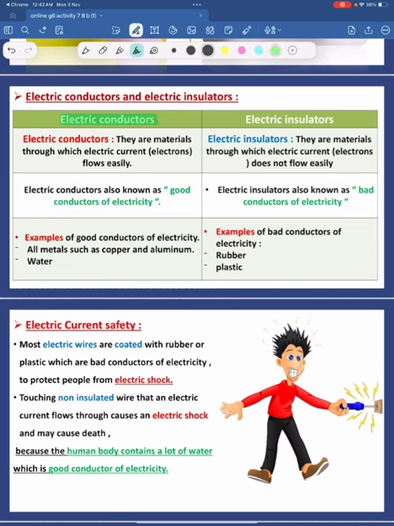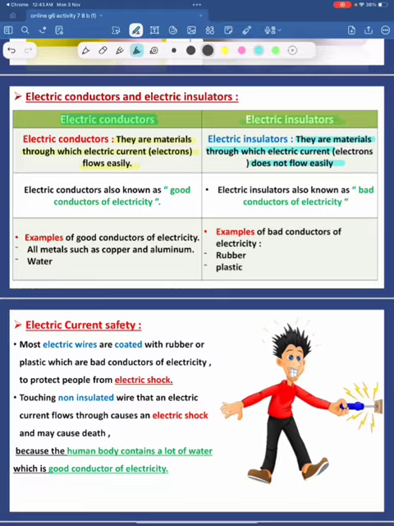A material that cannot conduct electricity is called an electric insulator. Electric conductors are materials through which electric current flows easily. Electric insulators are materials through which electric current does not flow easily.